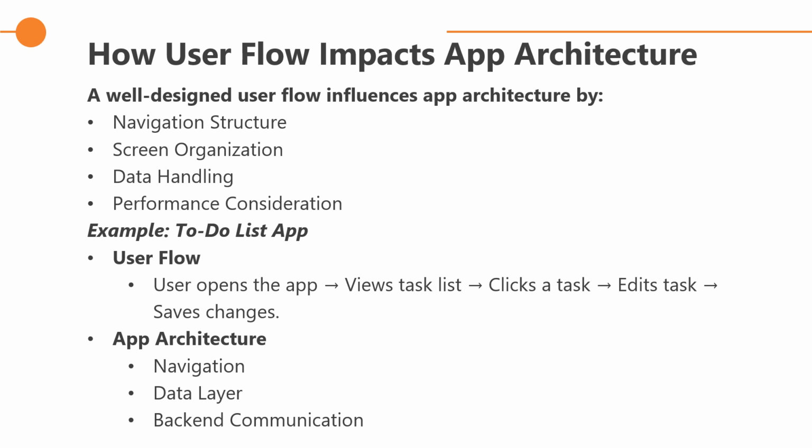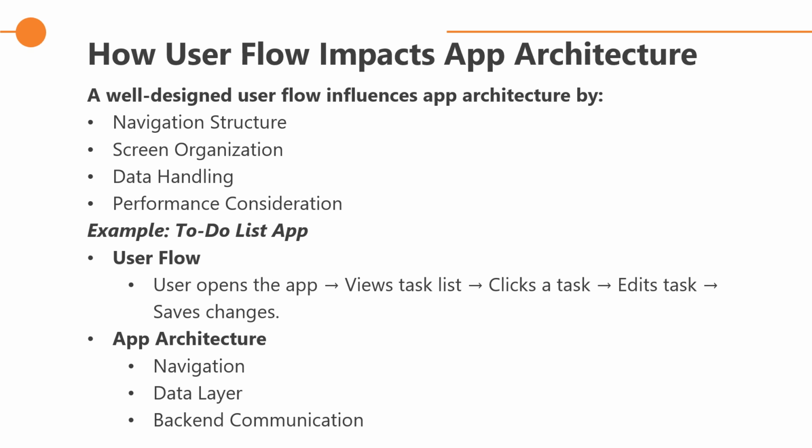We have to support being able to store the different information from the task, so we look at the data layer. We might want to use local storage for that, with maybe some optional cloud syncing.